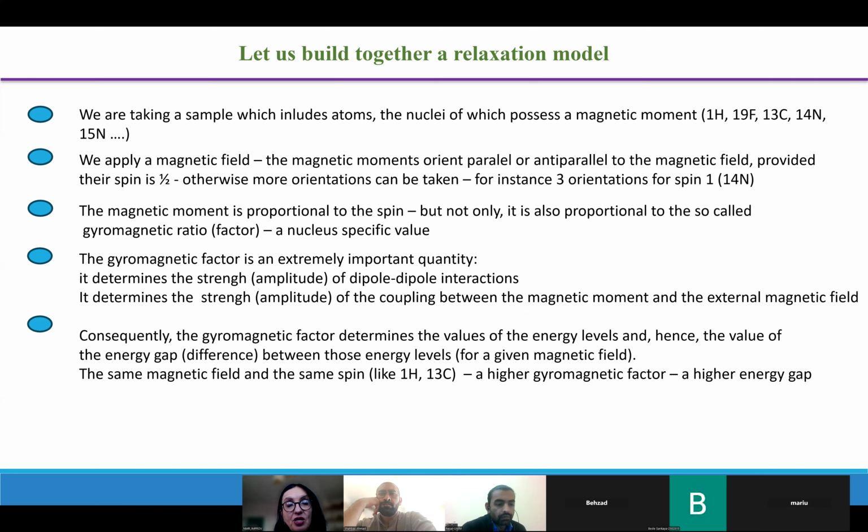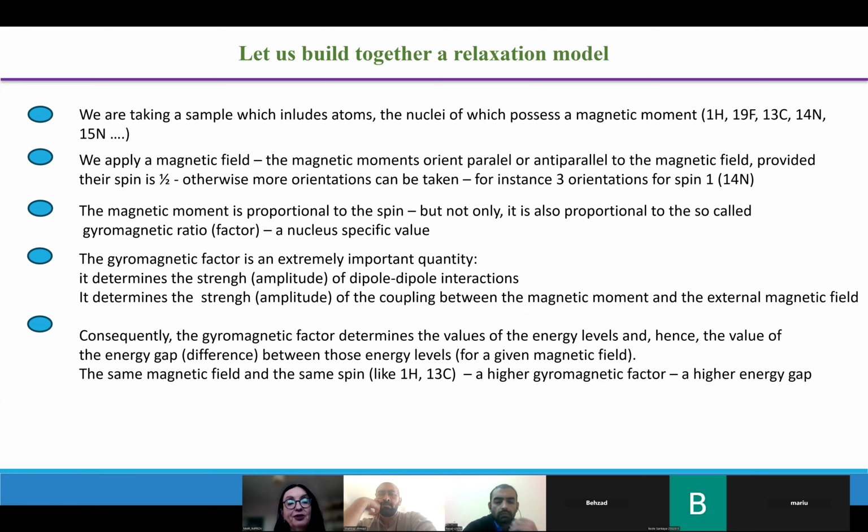So the message is that not only the spin itself determines the gap of energy, because you will find several nuclei that have the same spin quantum number, and this only means how many orientations they can take in a magnetic field.